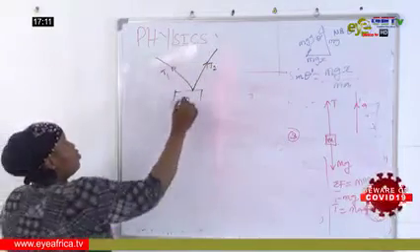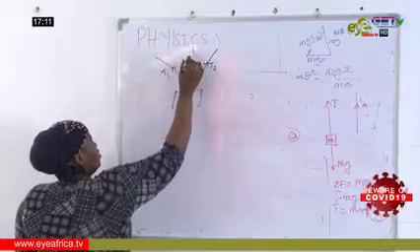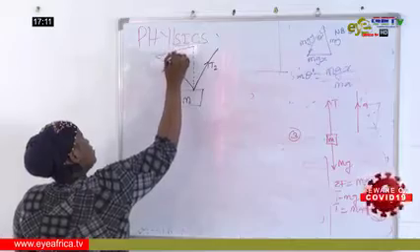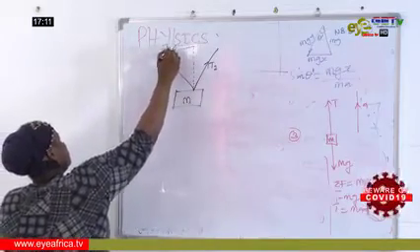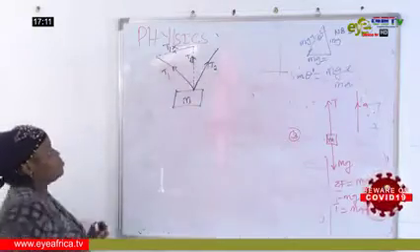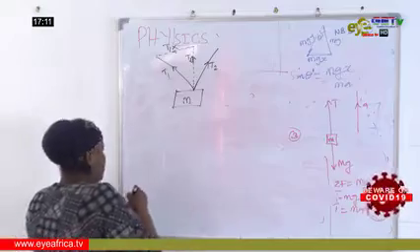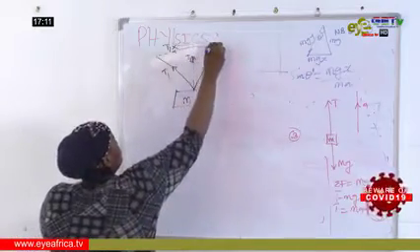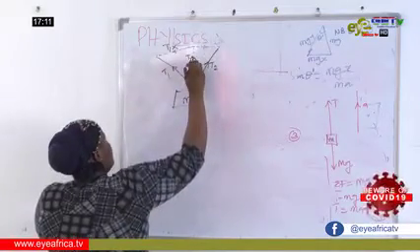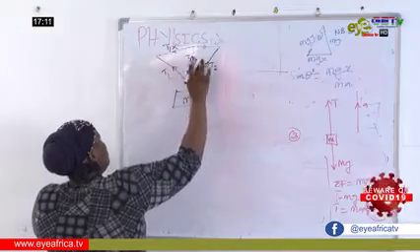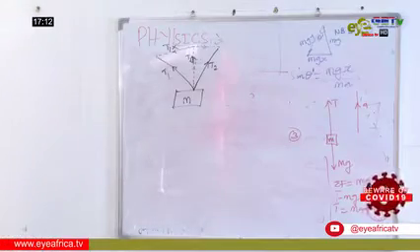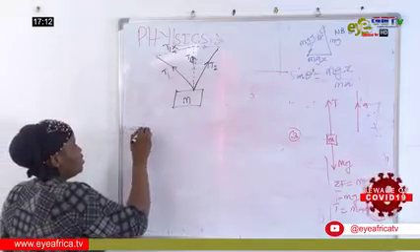So all you do is, this gives us the direction of T1 of X, and this gives us the direction of T1 of Y. We do the same thing with the other tension. This will be the direction of T2 of X, and this direction of T2 of Y.